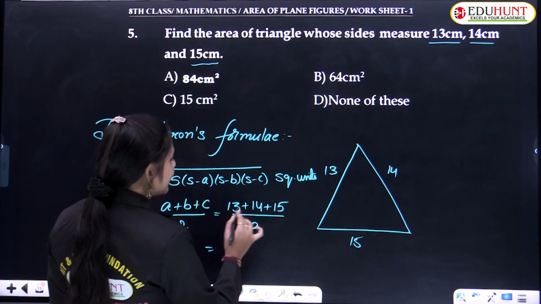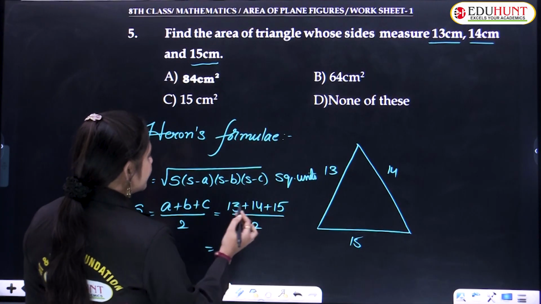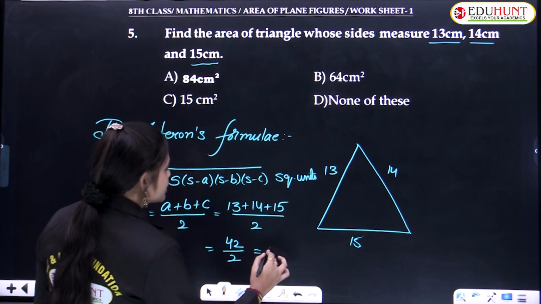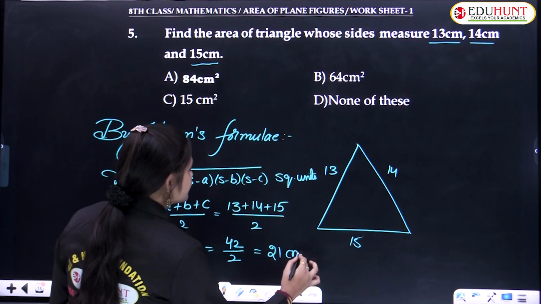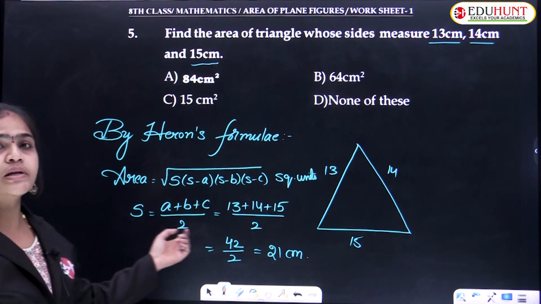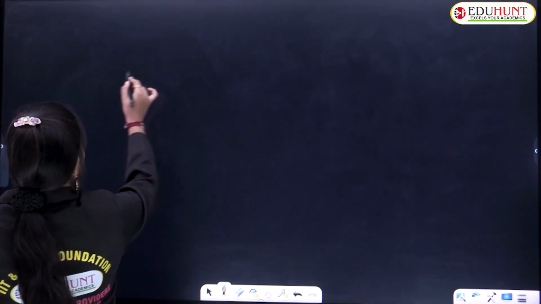13 plus 14 is 27, plus 15 is 42. 42 by 2 is equal to 21 centimeters. So S is equal to 21 centimeters. Now find the area.